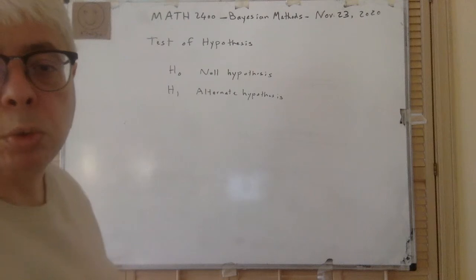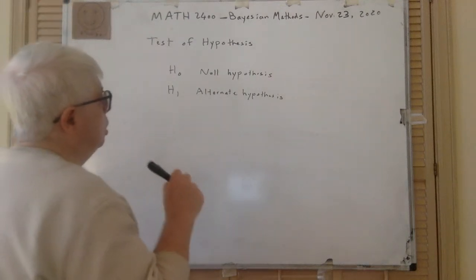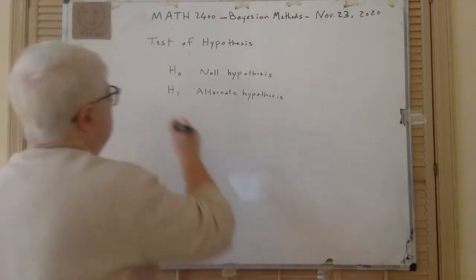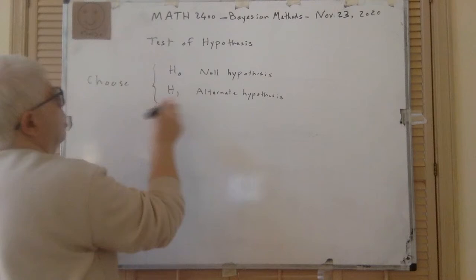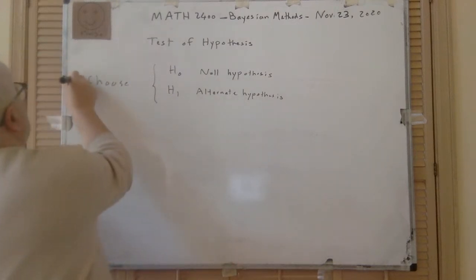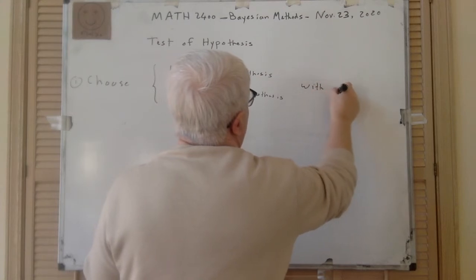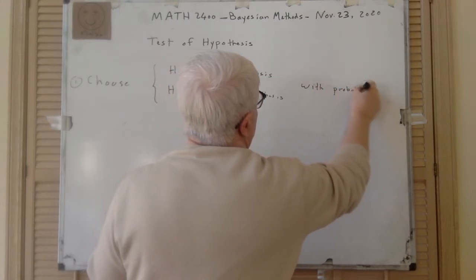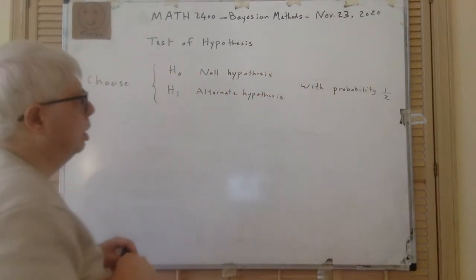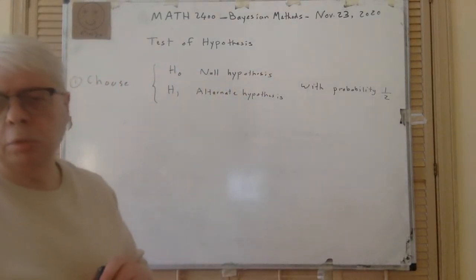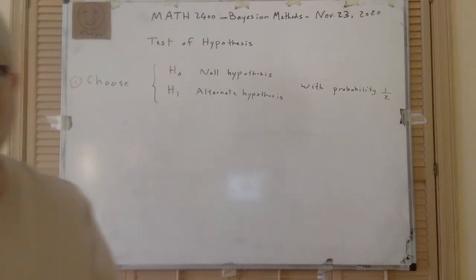Choose H0 or H1. Assume each happens with probability 1/2. So you see, these are like events. So you assume that hypothesis H0 happens with probability 1/2, or the other one happens with probability 1/2.